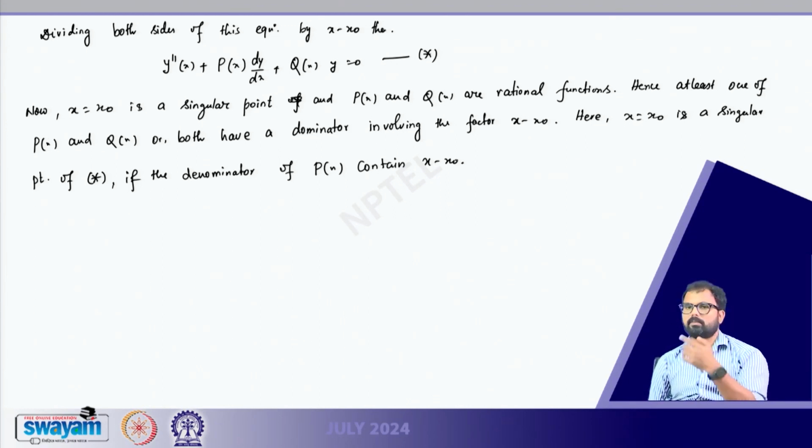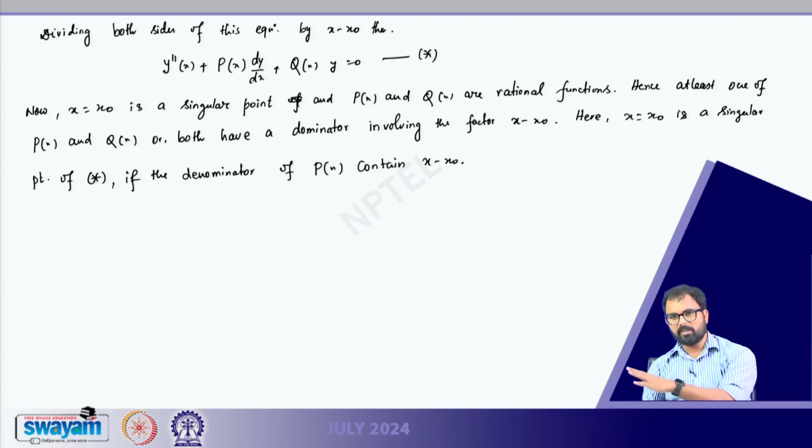So, that will be our P0(x) which vanishes at x0. Earlier what we did, we divided by the entire P0(x) including the factor x minus x0. So, there is a factor x minus x0 times some other terms which remained from P0(x), and this entire thing we are calling capital P(x). So, p1 by x minus x0 into whatever remaining polynomial is there is denoted by capital P(x). Similarly, capital Q(x) and so on if it has more terms.